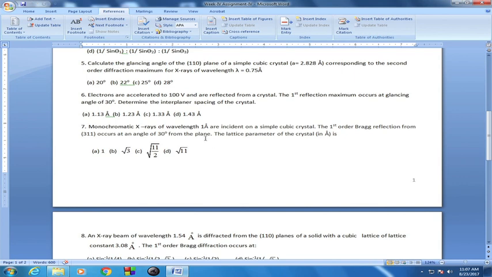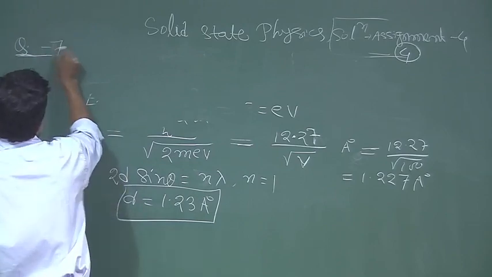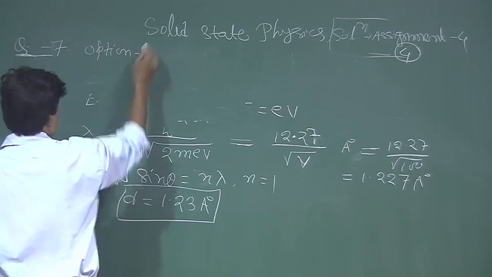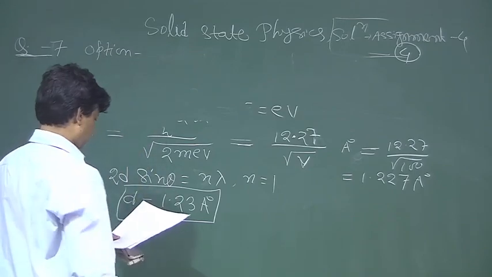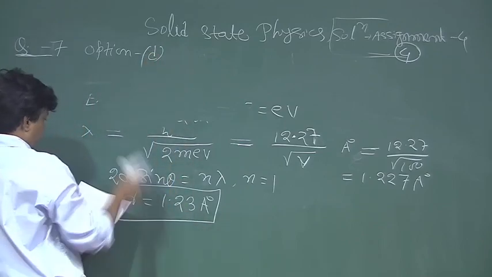Find the lattice parameter. The correct option is D. Let us see how it comes.